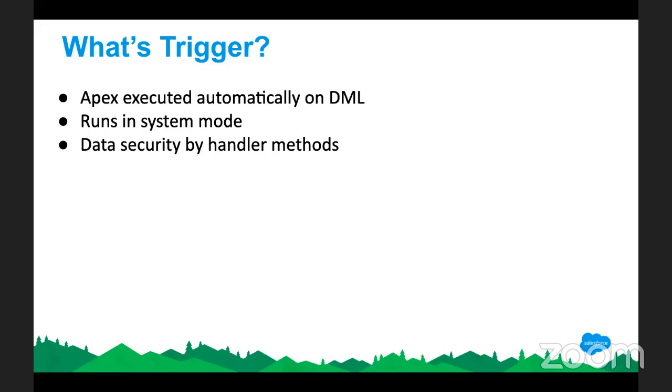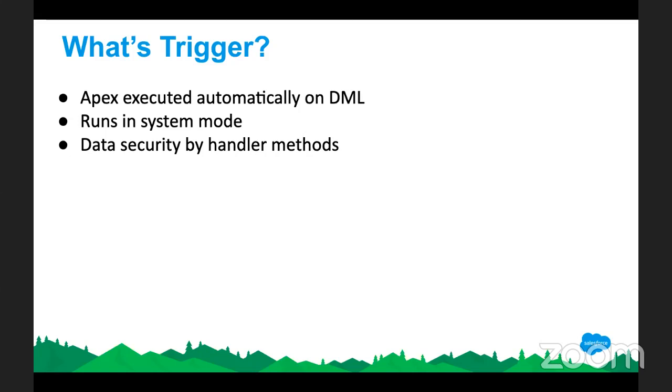So when I say it runs in the system mode, it doesn't care which user did the DML and whether to respect the records that are affected because of the trigger. So maybe the user who initiated the trigger by doing a DML may not have access to some records, but when the trigger gets executed, it won't consider the sharing at all, and it will start updating.